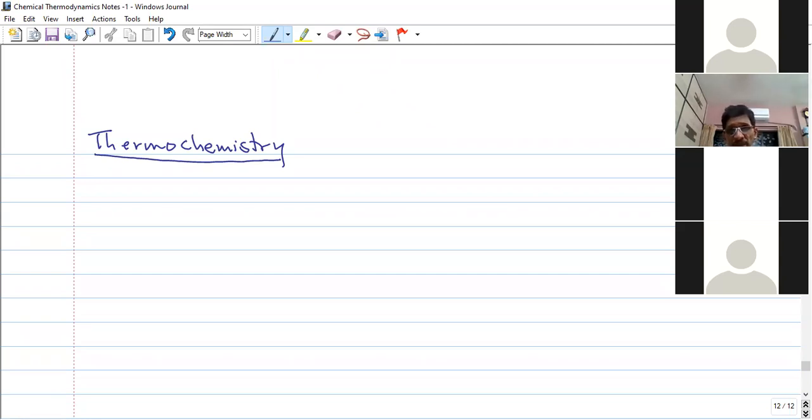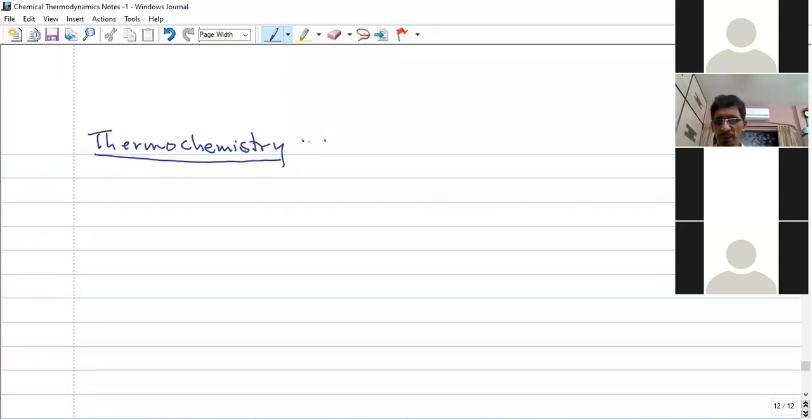Change in the enthalpy means there is a change in the heat, there is a change in the energy. And study of change of enthalpy during the course of reaction is called as thermochemistry.